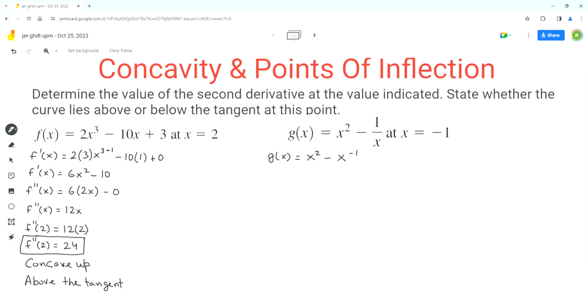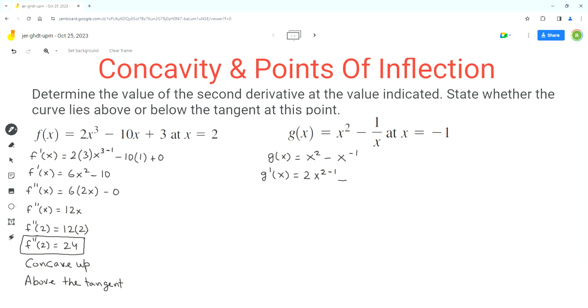Now we can find the first derivative of g(x). For the first term, we can use the power rule. So we can move the exponent 2 to the front of the term and then subtract 1 from it. Then minus. For the second term, we can again use the power rule.